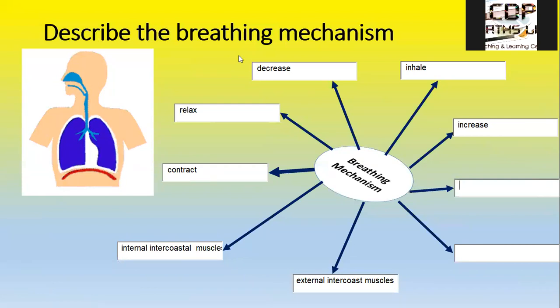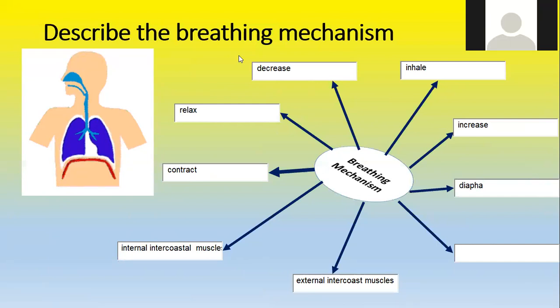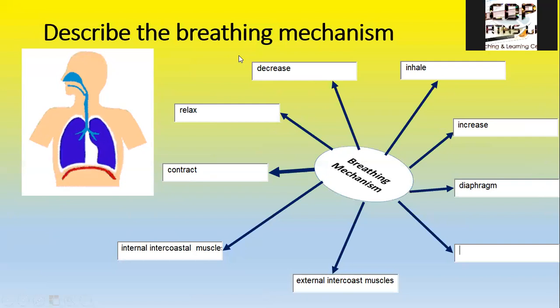These words are important because they are the very same words used in the exam. How do you spell diaphragm? Third, it's thorax. Okay. Right. So these are words that can describe the increase.